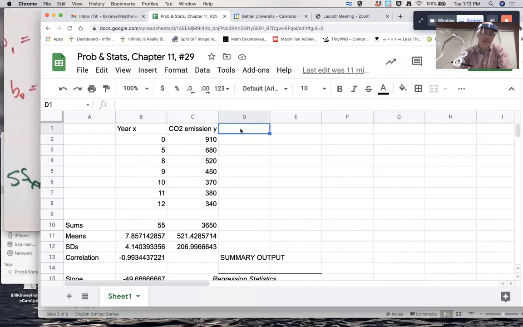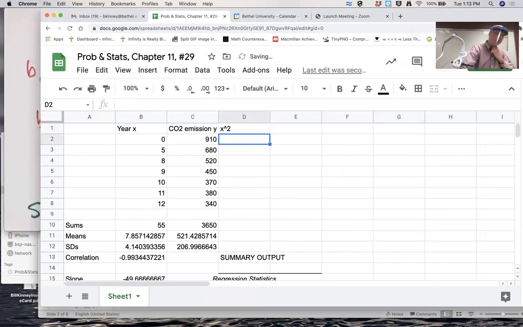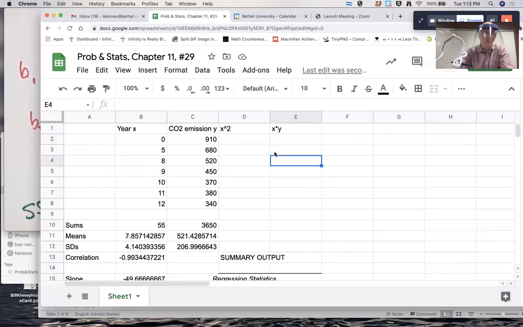Let's go ahead and compute x squared values, and xi times yi values. I won't need y squared values for what we're doing here. You could compute y squared values for confirming the correlation, but that's beyond what we're doing.